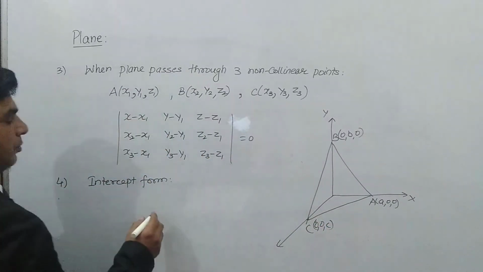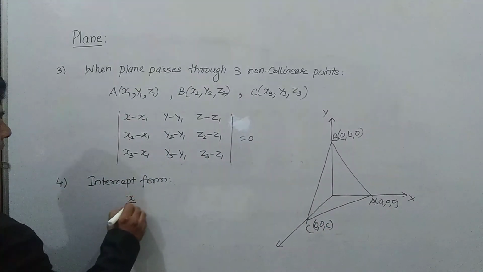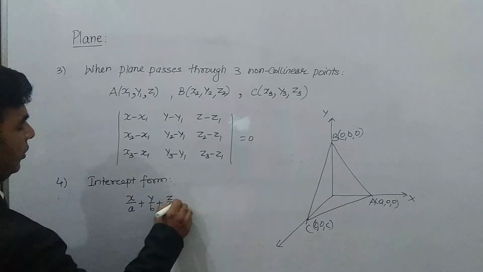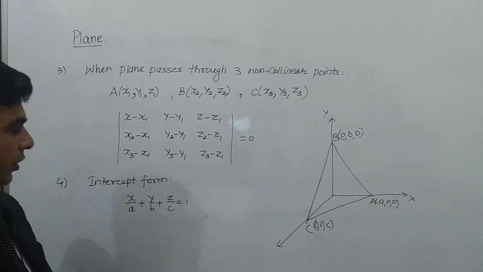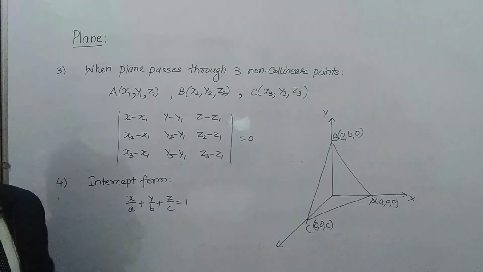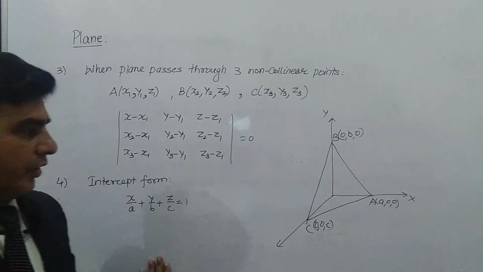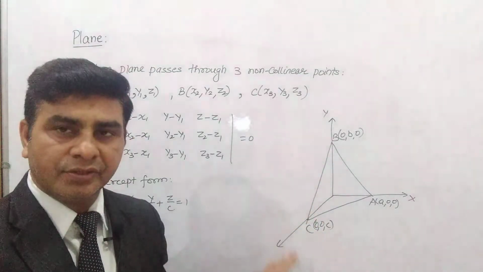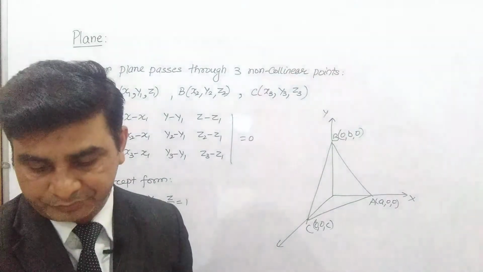Then the equation of this plane is given by x by a plus y by b plus z by c is equal to 1. So this is the equation of a plane in intercept form which is intersecting the x-axis, y-axis, and z-axis at the points A, B, and C respectively.